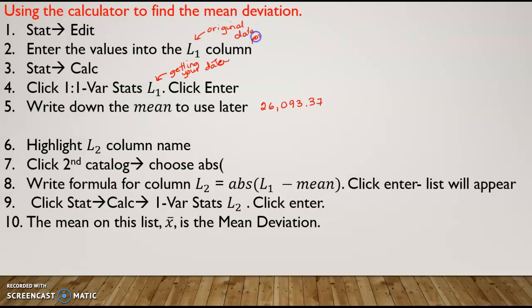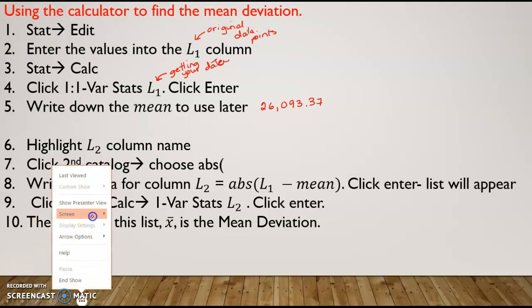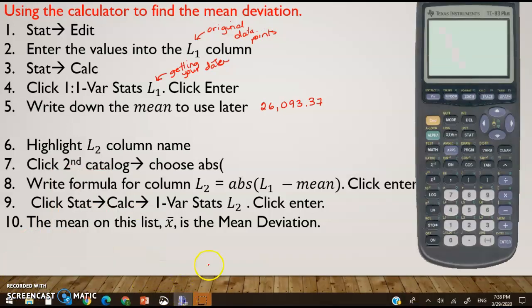Okay, so when we did it on the original, we had stat edit, and I had my original data points right here in L1. So you go through and you hit stat calc, one variable stats, and I want to hit it from column L1.